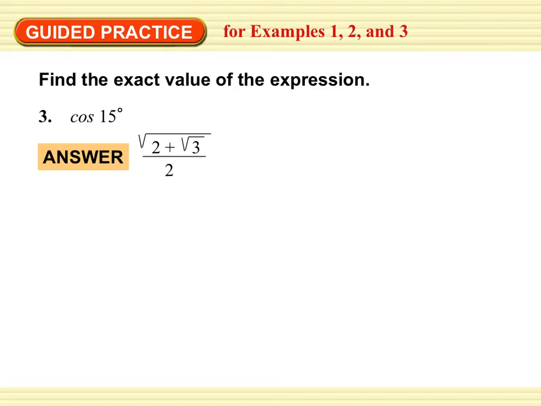Okay, like I said, we have 5 problems to do. Here is the third, and I left the answer on again. Cosine 15 doesn't help me much, but I do know that I can make it cosine 1/2 times 30, and then I have a special triangle. So cosine 30 over 2.